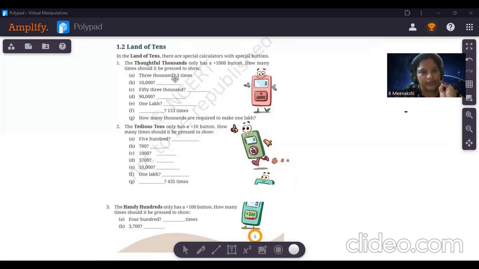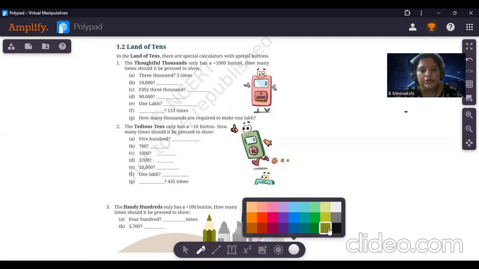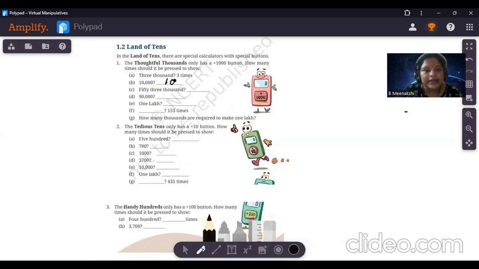If it has to show 3000, how many times does the plus 1000 button have to be pressed? 3 times, right? Similarly, for 10,000, it is 10 times. For 53,000, the plus 1000 button has to be pressed 53 times.